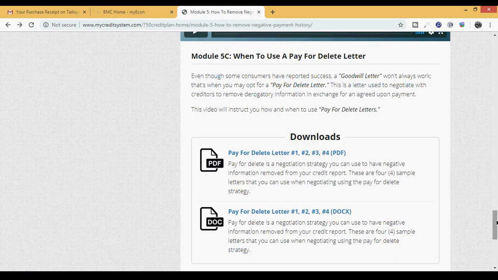If they do not send it in writing, do not pay it. So it's just a matter of you using this negotiation letter, the pay for delete letter, paying less than what they're trying to accept, and the end result that you're seeking is them to remove it off of your report. So at times it could be worth it to pay the collection agency, but this is typically the last resort method.